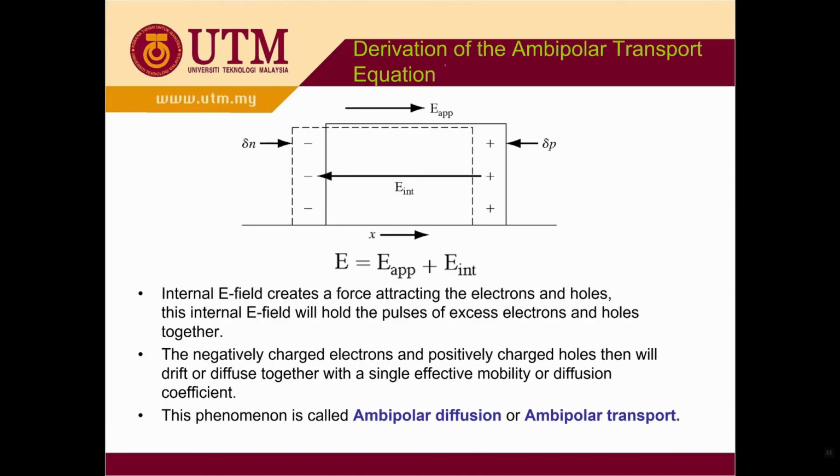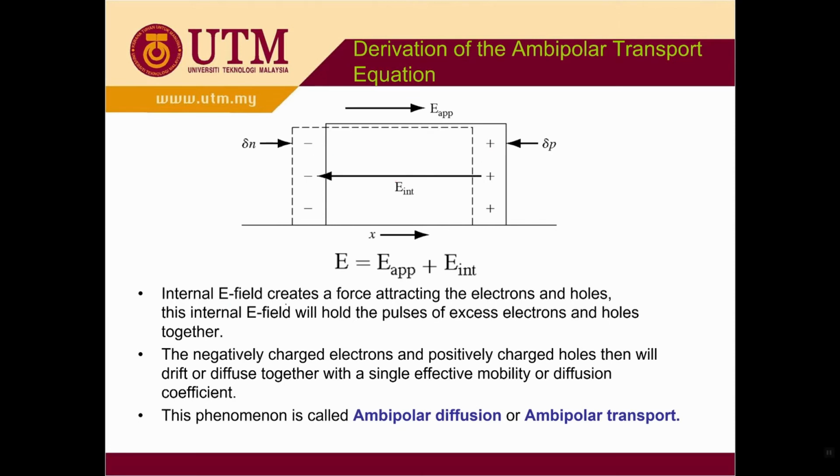Now we're back at the derivation of the ambipolar transport equation. When we apply an electric field, we have to know that there are two components of electric field. The major one is called the applied electric field, and the smaller one is called the internal electric field. The applied electric field goes from the positive voltage to the negative. Within this cell we have electrons and holes, and that causes an internal electric field from positive to negative.